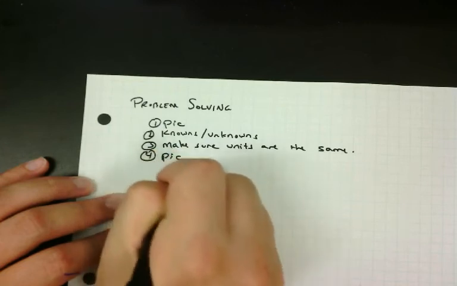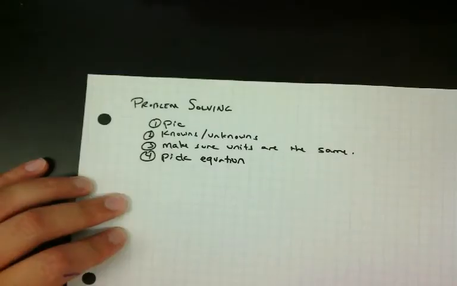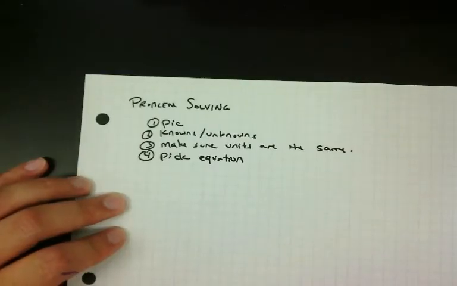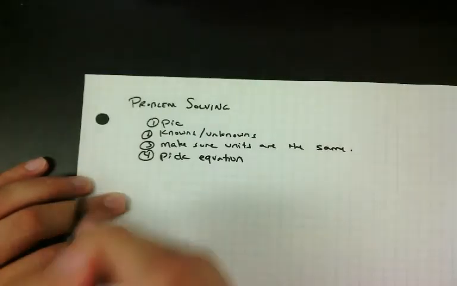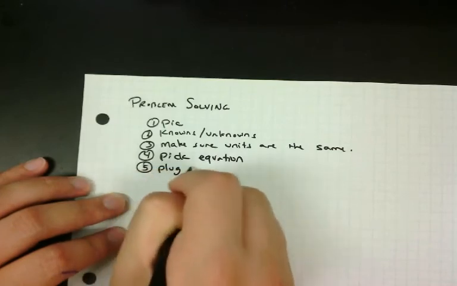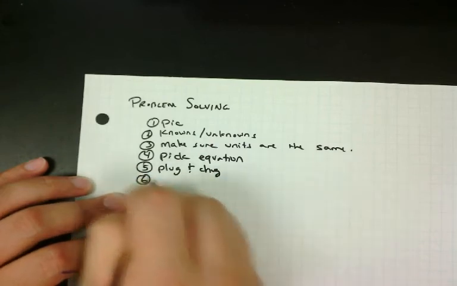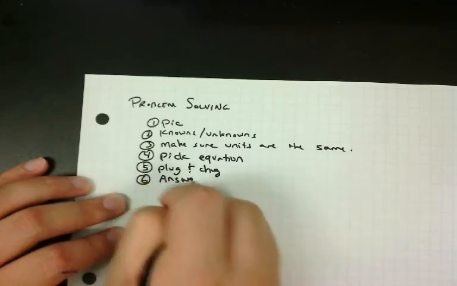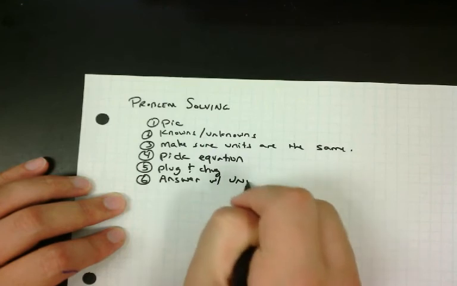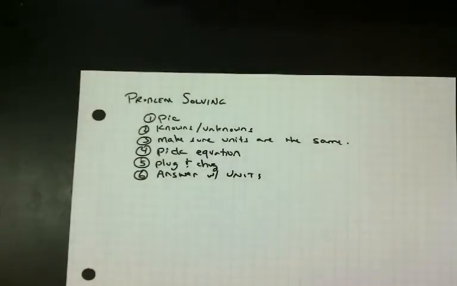Fourth step is pick an equation. Fifth step is plug and chug. Sixth step is answer with units. I said it was a 7-step problem solving method. I lied again. It's 6 steps.